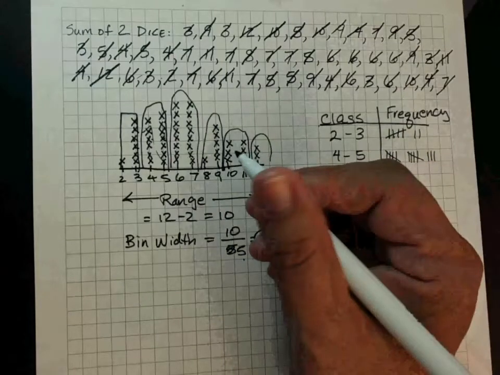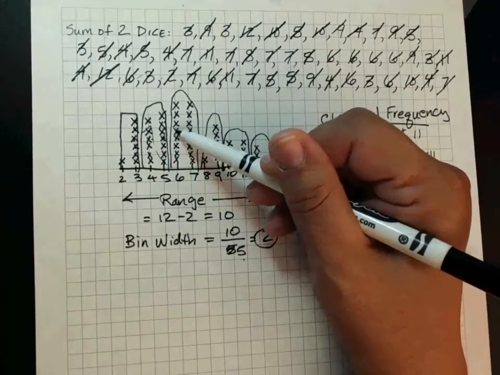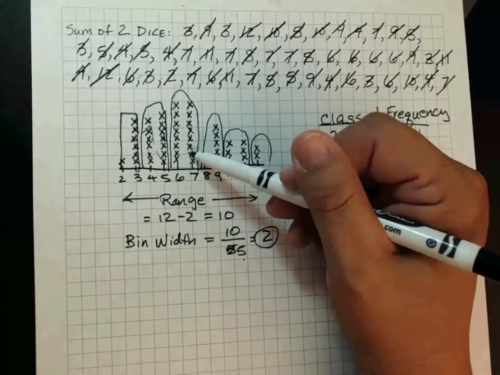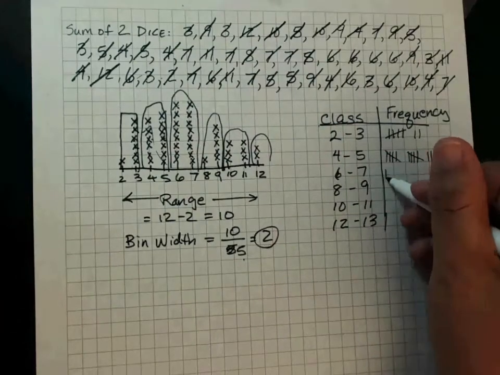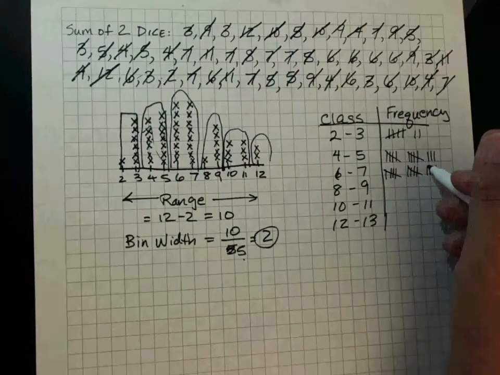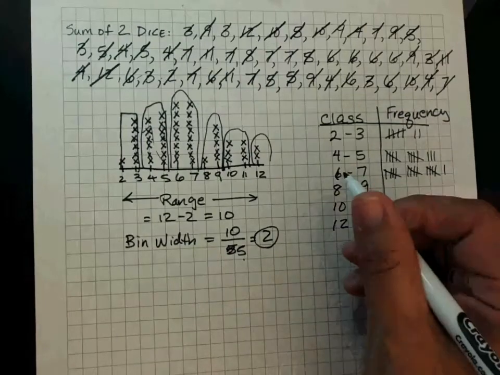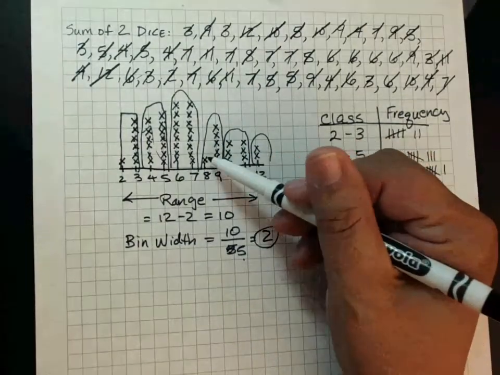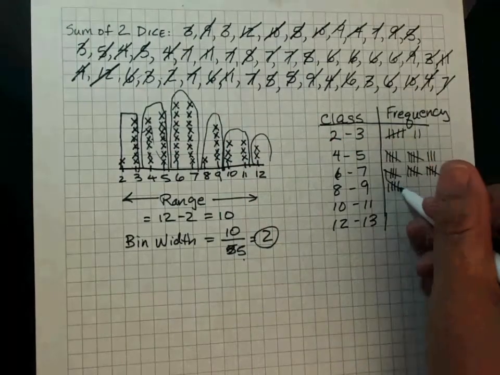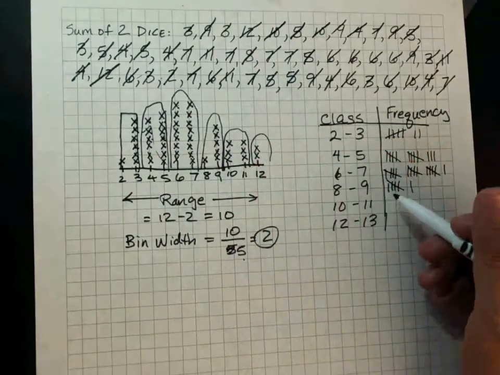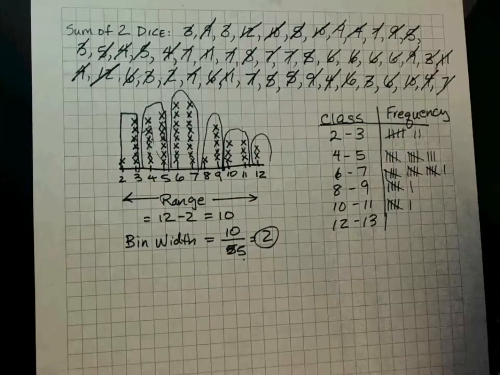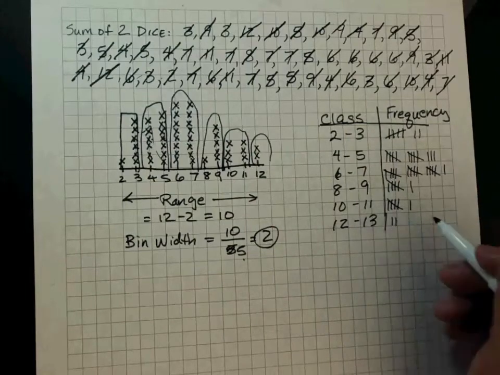This one, 1 through 16, which makes sense because they're both the same height. And then 8 and 9, let me count those up. That's 6. 10 and 11 is also 6. And then finally 12, we have 2.